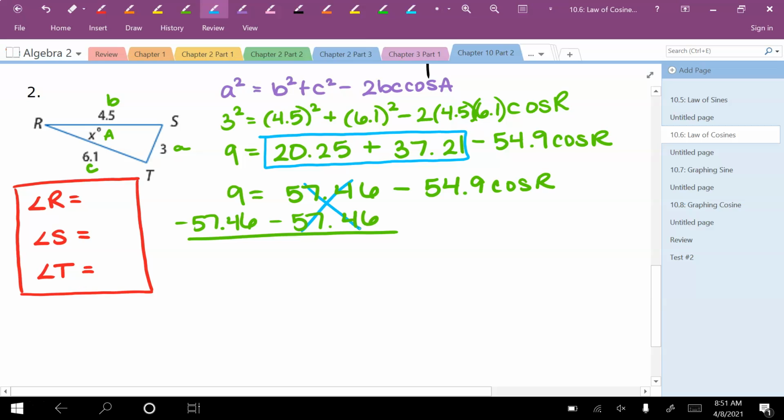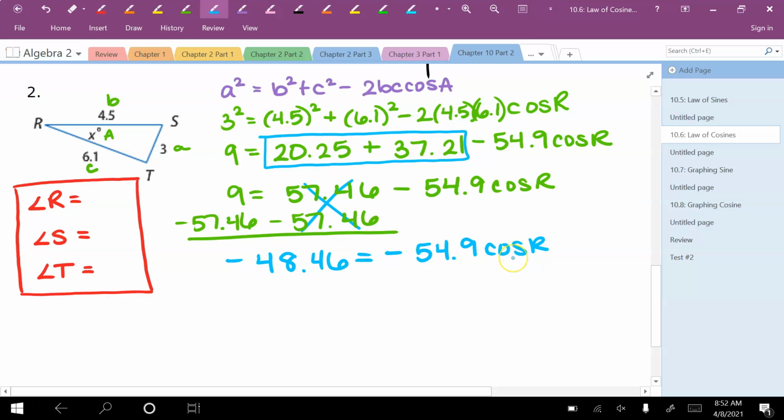You're going to get a negative number here, and that's normal. 9 minus 57.46 is going to be negative 48.46. And then that's equal to this negative 54.9 cosine R.